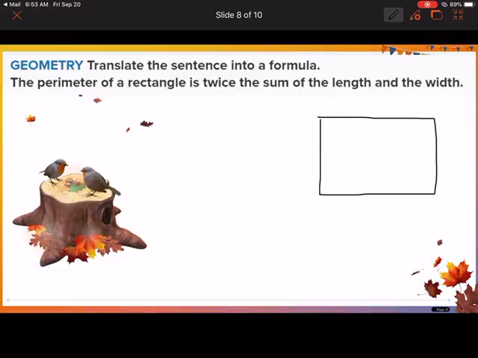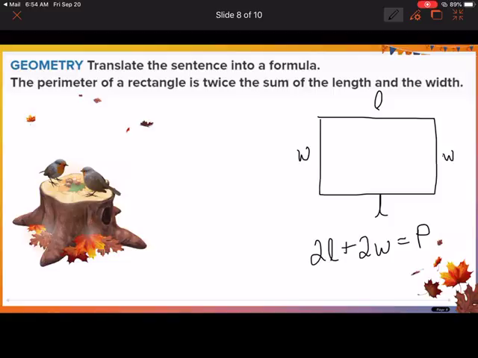The length, I'm going to say, is L. The width is W. So the perimeter of the rectangle. How do I find perimeter? We do need to know that. Perimeter is all the way around, as if I were to walk. So it would be 2L plus 2W is going to equal perimeter.